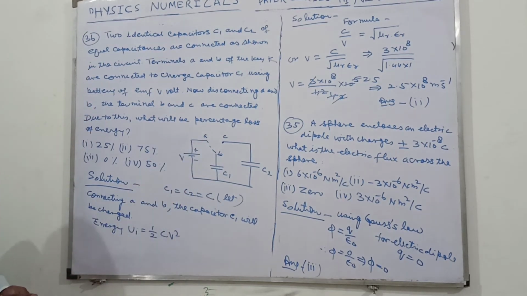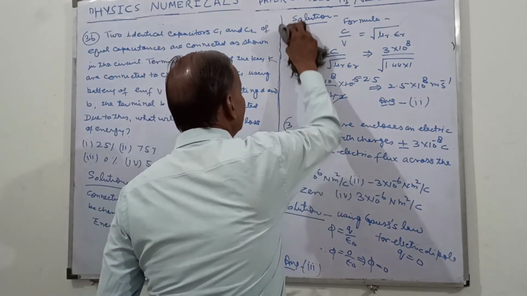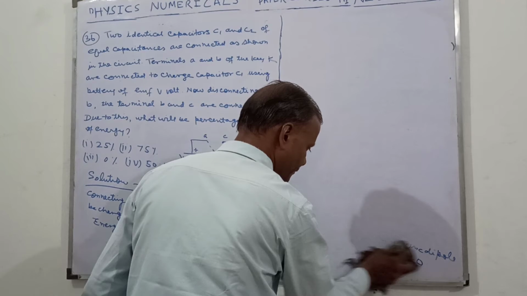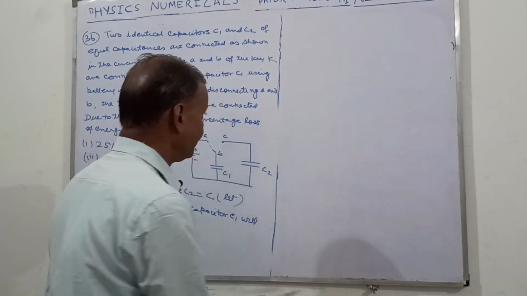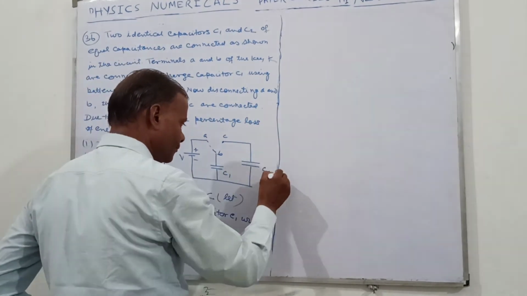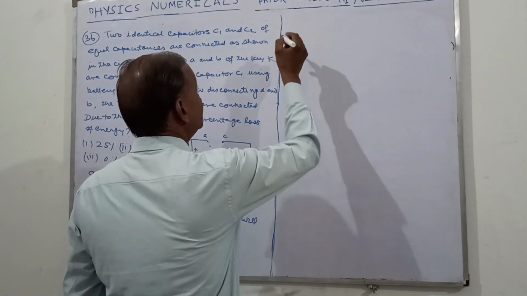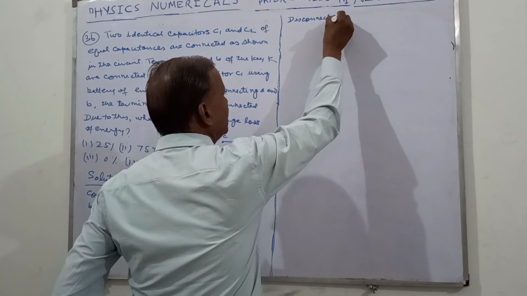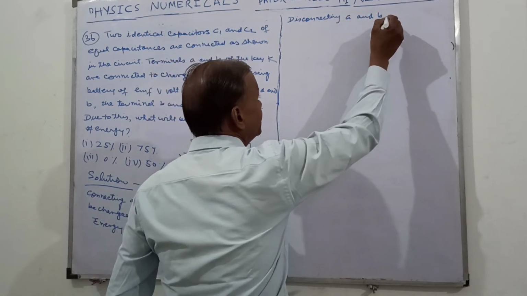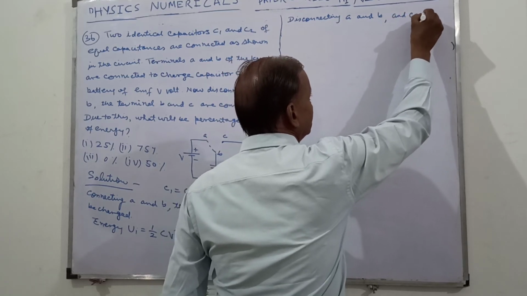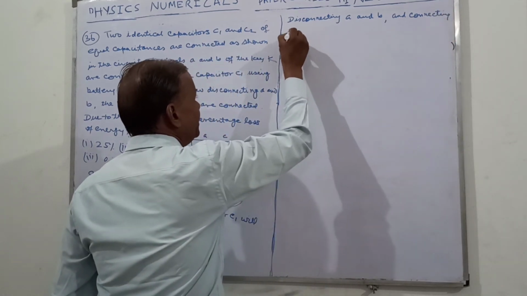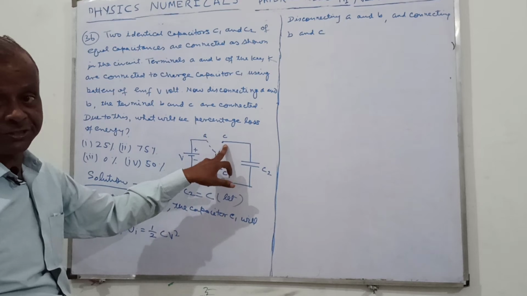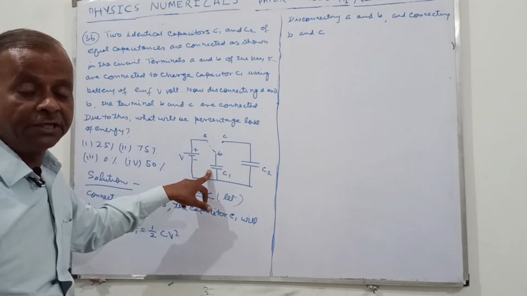Now we disconnect A and B and connect B and C. When we disconnect this one and connect to this C, whatever charge is here will be redistributed.